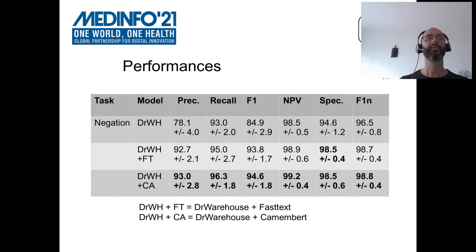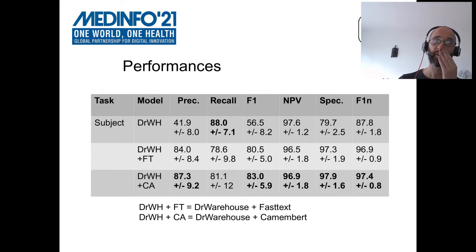In terms of negation, we do better on all accounts. The CamemBERT is also better than the fastText embedding, and we gain around 10 points of F1, so it's quite good.